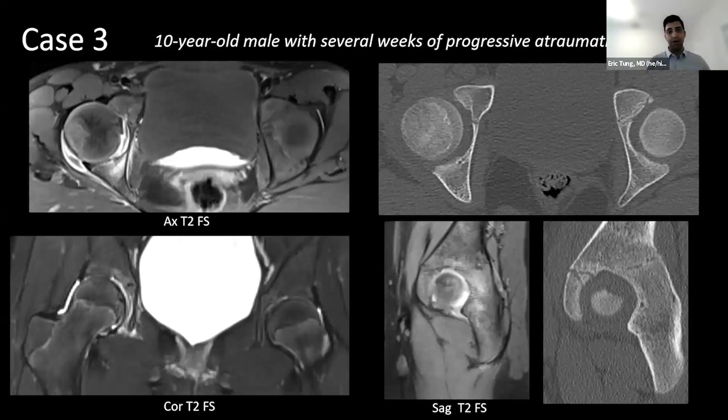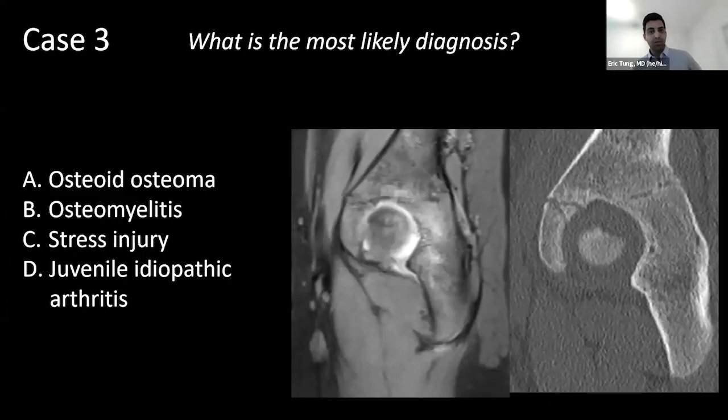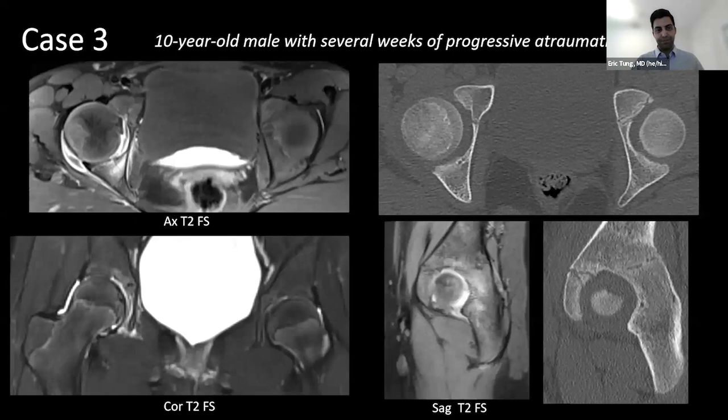This is a 10-year-old male with several weeks of progressive atraumatic hip pain. The question is, what's the most likely diagnosis? Osteoid osteoma, osteomyelitis, stress injury, or juvenile idiopathic arthritis.